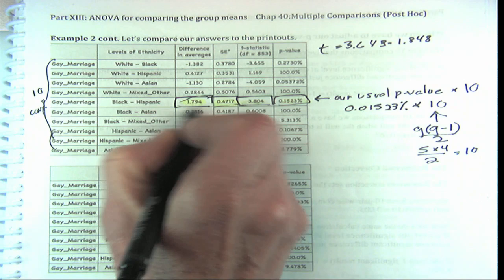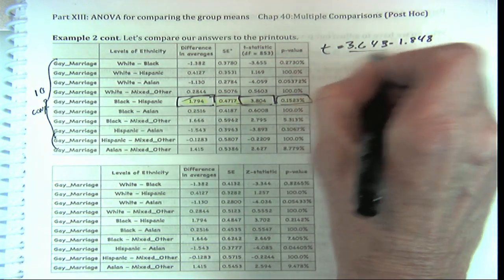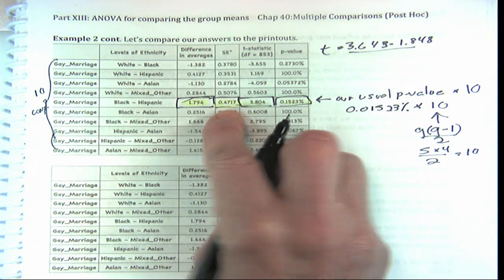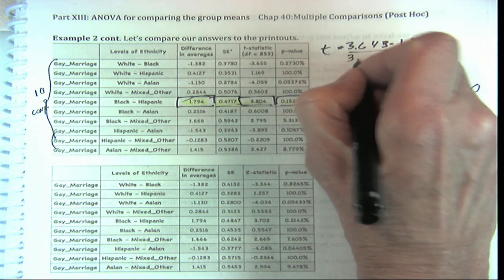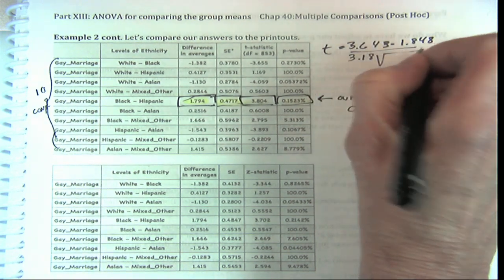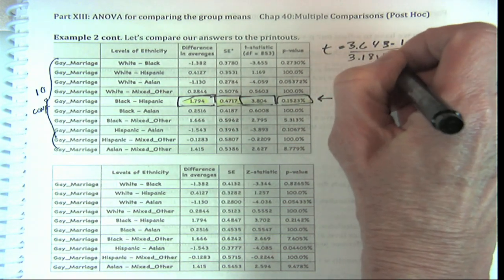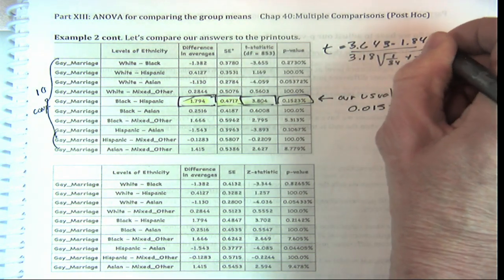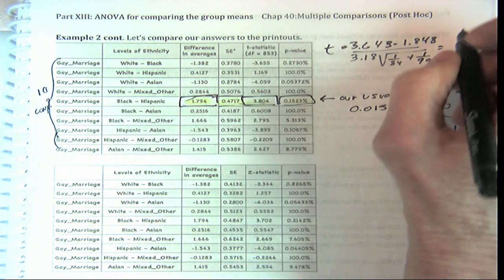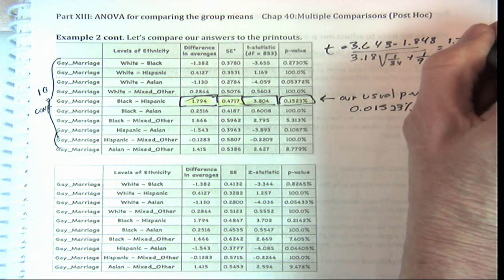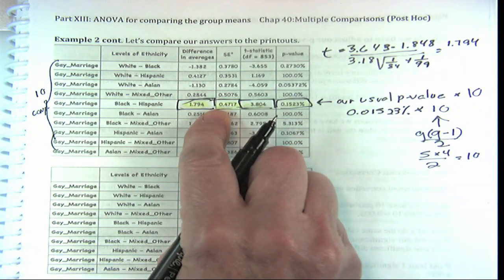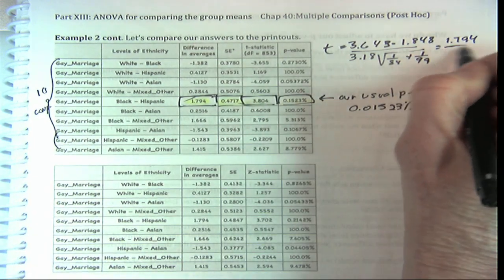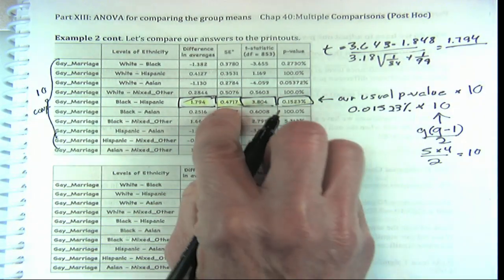That's this right here. And this part right here, 3.18, was this that we did, just putting it together to make sure you remember. So the numerator gave us 1.794 right there, and the denominator, this part, gave us that.